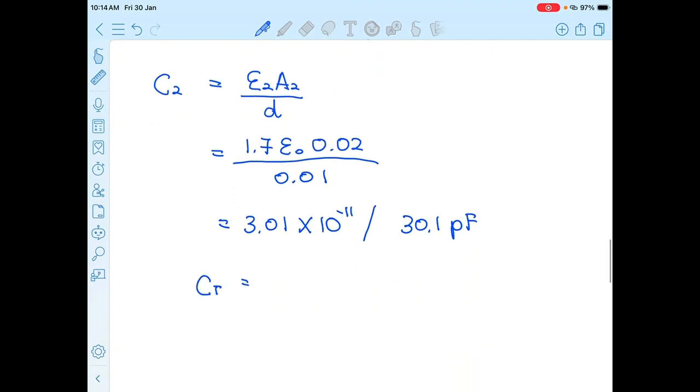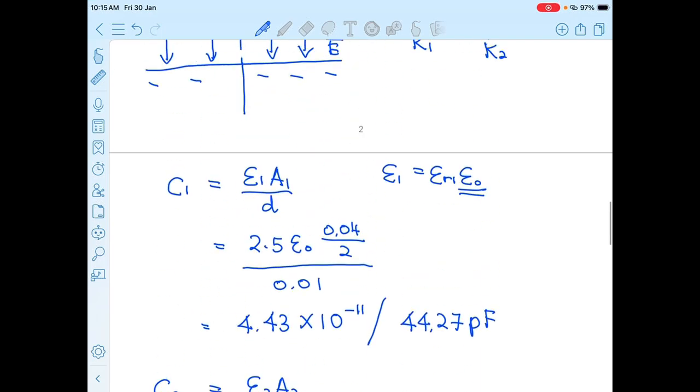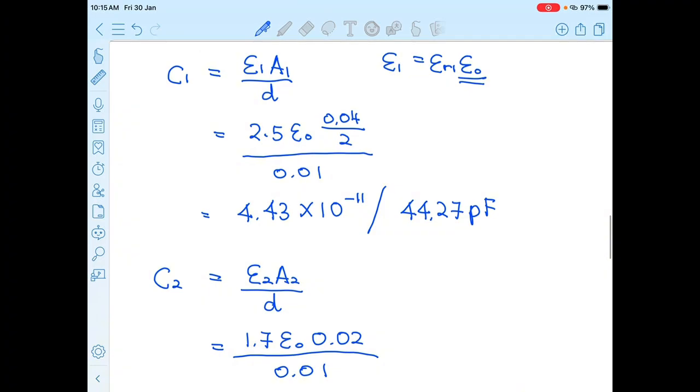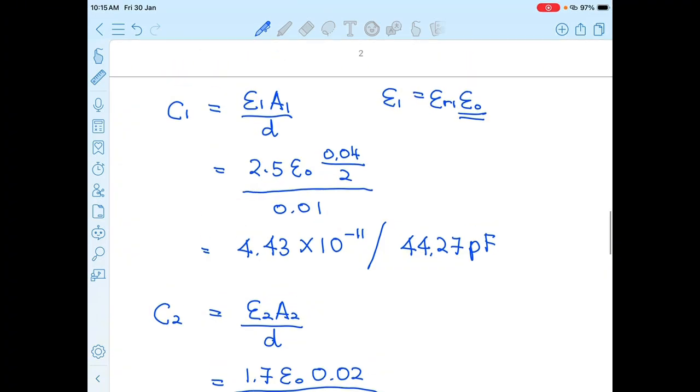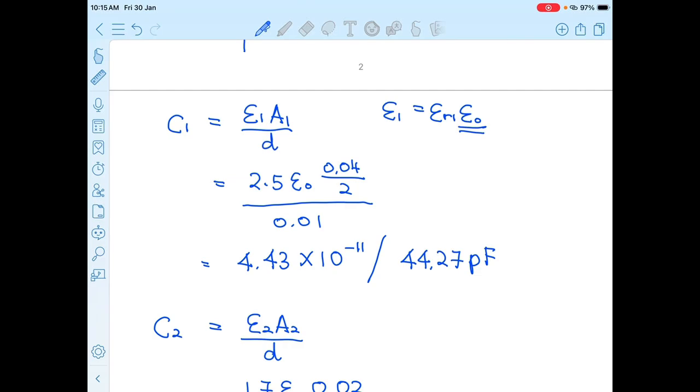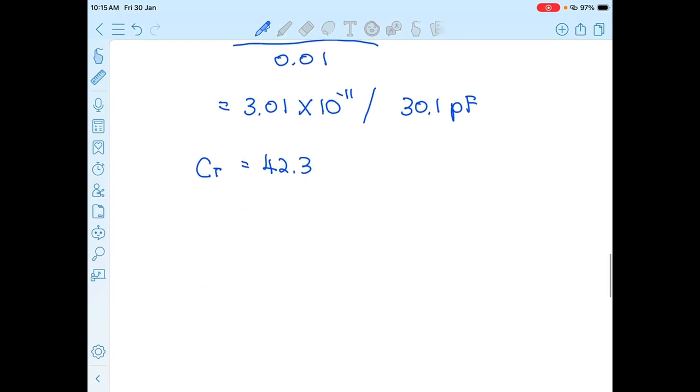To find the total capacitance, you have to sum them up. Wait, I'm wrong. This one should be 43.2, and I approximate it, so I'll put 44.3.